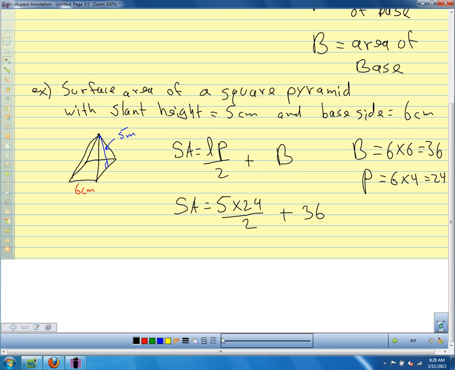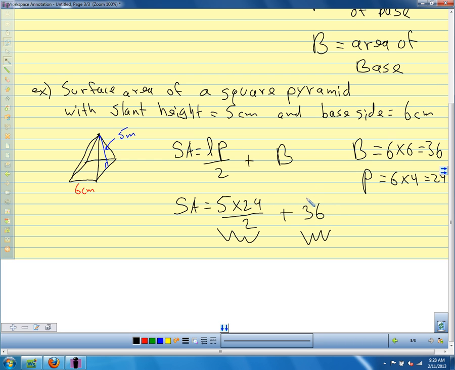Now, one important thing to remember about calculating with this formula: do this part separate, do that part separate, and then add them together. So the dividing by 2 all has to stay separate from this part. You add everything together at the end.